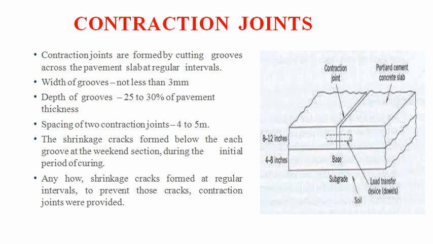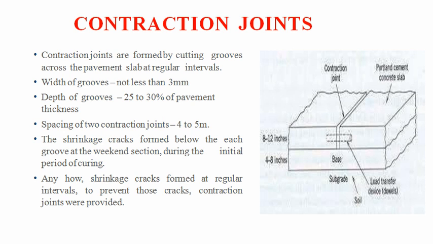The contraction joints are formed by cutting a groove into the concrete slab at regular intervals. The width of this groove should not be less than 3 mm, and the depth should be within 25 to 30% of the pavement thickness. The spacing of two contraction joints should be 4 to 5 meters.